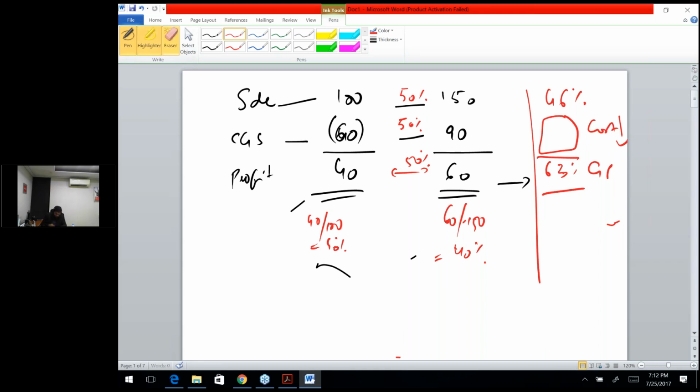You could see one more thing over here: the operating cost, and the remaining amount is called operating profit. The operating profit has increased only by 30%. Now what does this all indicate?